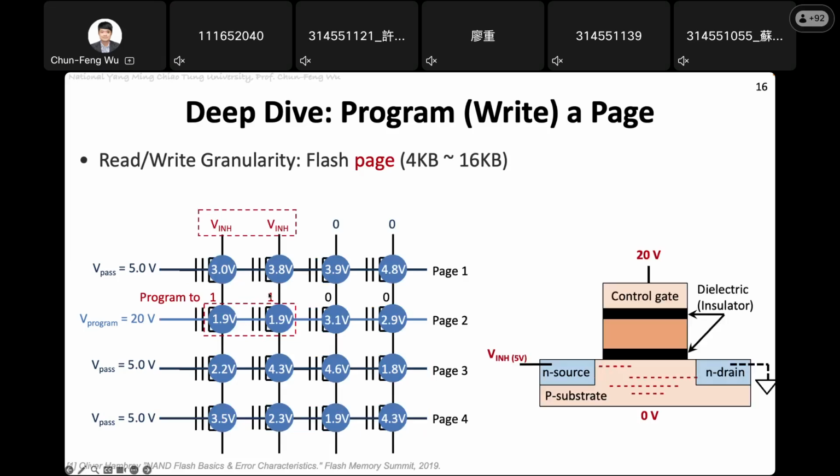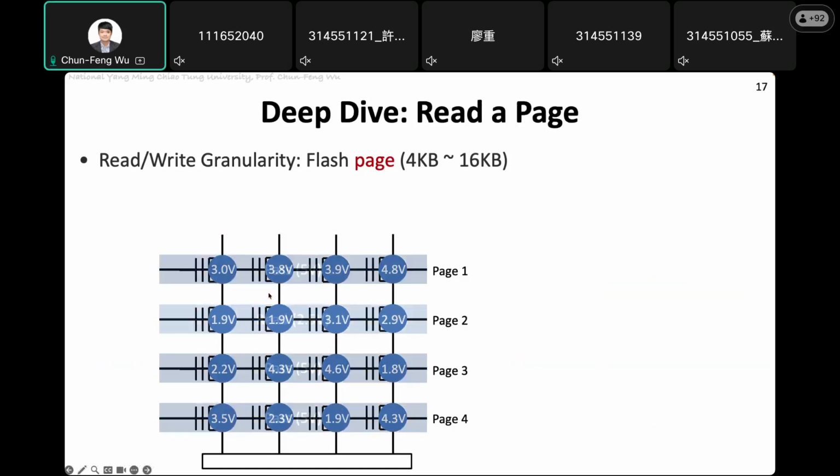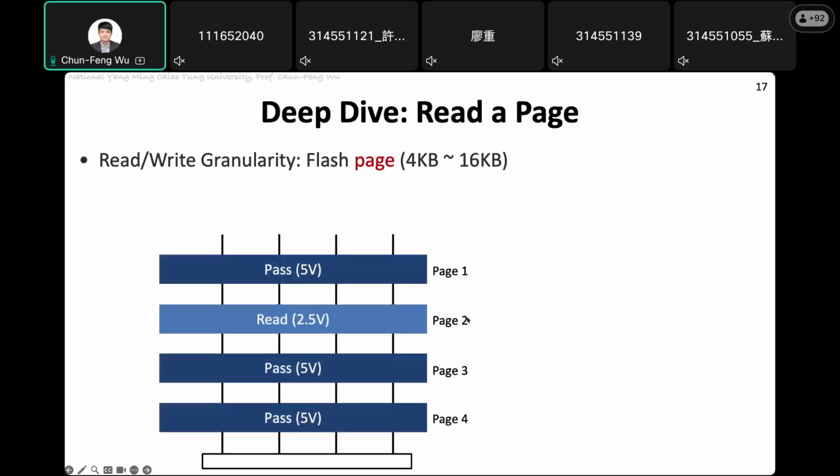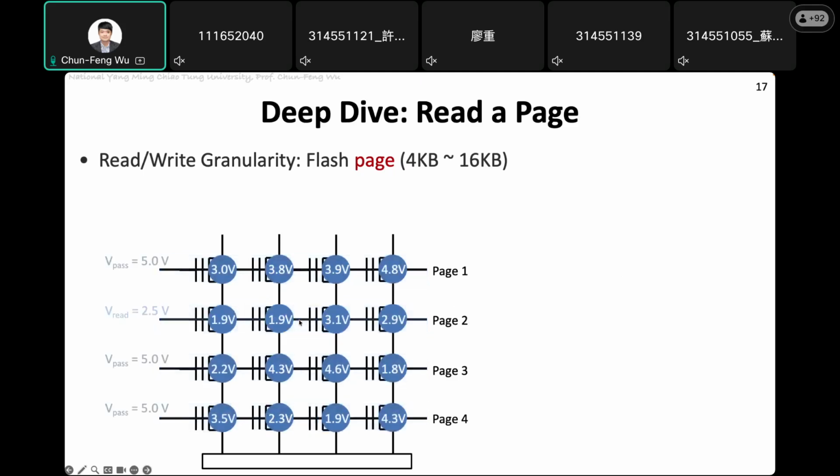On the other hand, when you do the read, assuming we are going to read out the word line 2, we will apply a super low voltage value, let's say 2.5, for example. Once again, we will apply 5 volt for the rest of the word lines we are not going to read.